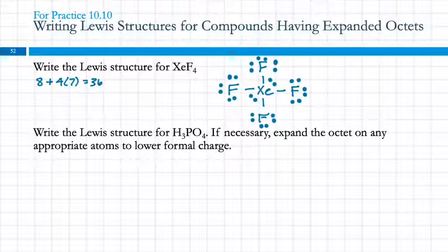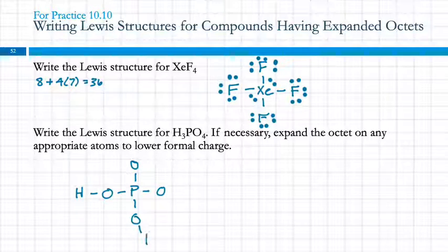Okay, H3PO4. There's another one of those oxyacids. So phosphorus and the oxygens around it. And then really just because I told you, the hydrogens are each going to be on an oxygen, to save you doing all the other permutations that are possible.